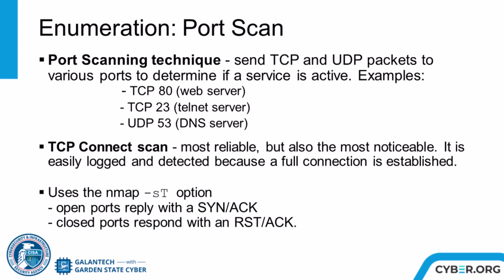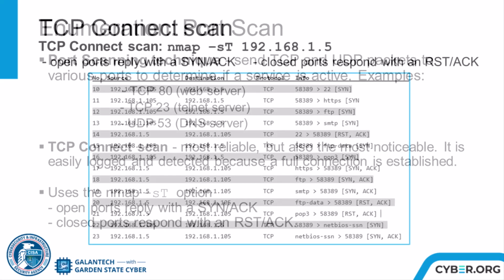And while a TCP connection scan is the most reliable, it is also the most noticeable. It is easily logged and detected because a full connection is established. It uses the nmap -sT option where open ports respond with SYN-ACK and closed ports respond with RST-ACK.